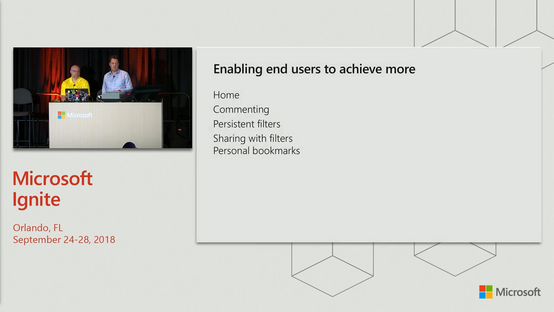Okay, so how do I do that? We're going to do a number of pieces, and I'm going to show you a few demos here. We're going to introduce a new home experience, and talk about commenting, persistent filters, sharing with filters, and some personal bookmarks. So let's see how all that stuff works.